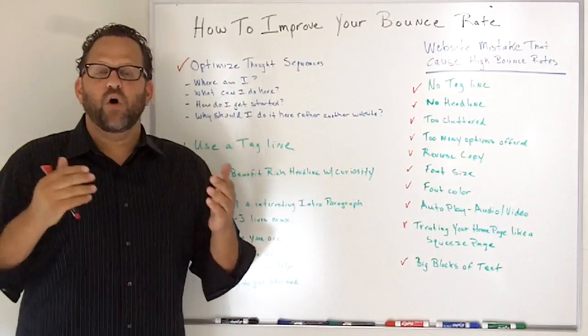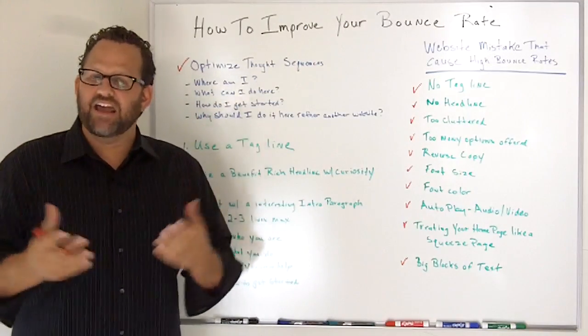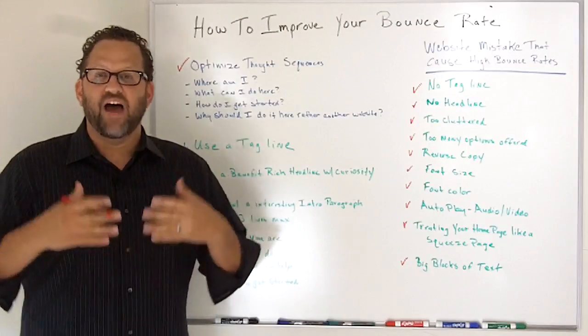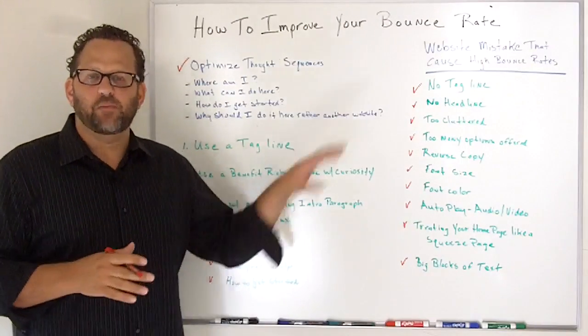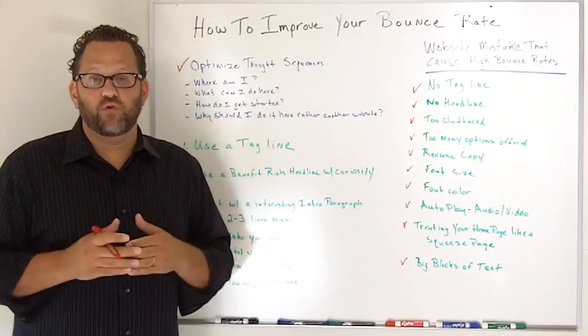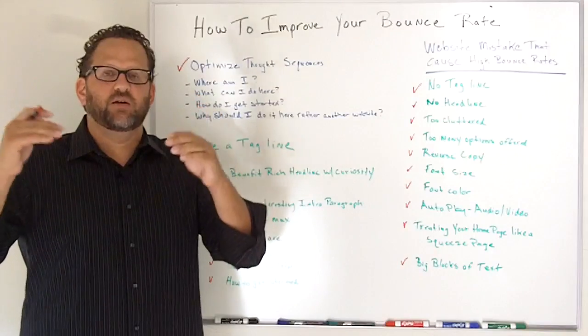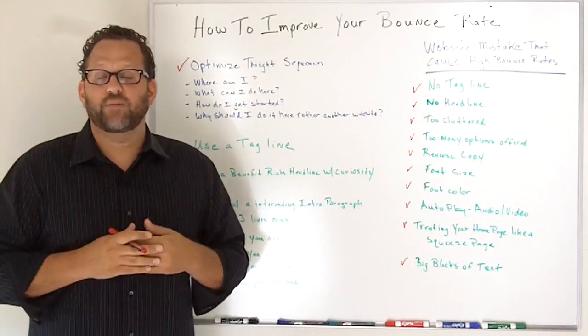So what you want to do is look at each individual web page, identify those pages that have high bounce rates, and then apply these strategies to those web pages in order to improve your bounce rate. And again, the higher the bounce rate, the worse that is for your website.